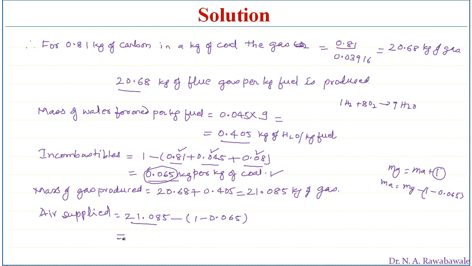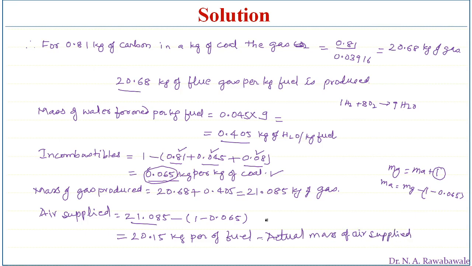So this works out to be 20.15 kg per kg of fuel. This is the actual mass of air supplied.